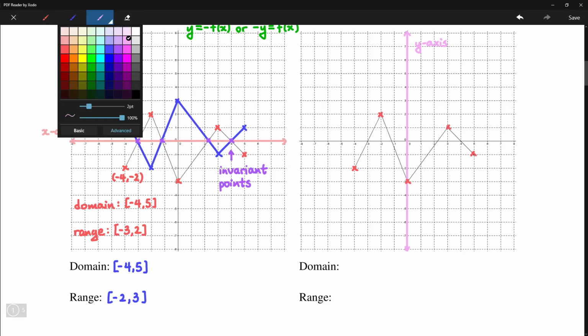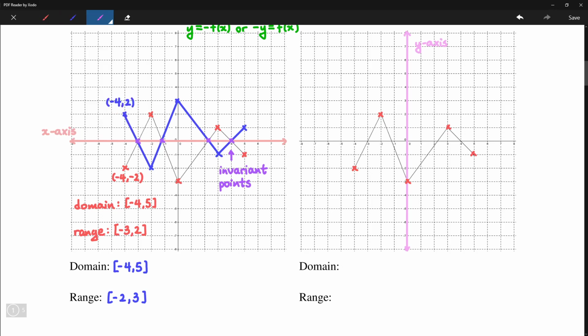However, this time instead of changing the y values to the negative versions of themselves, we are changing the x values. So this point, once again, we'll start at the bottom left, (-4, -2). In the image will become (4, -2). And again, we can do the same thing for the rest of the points.